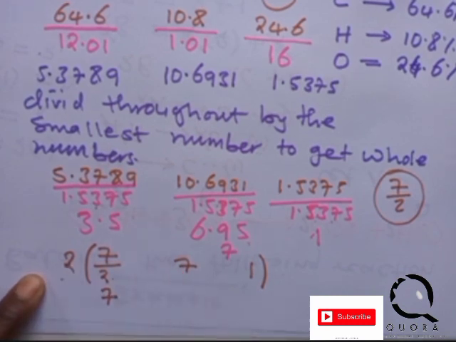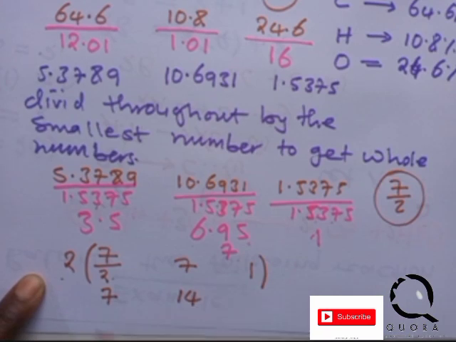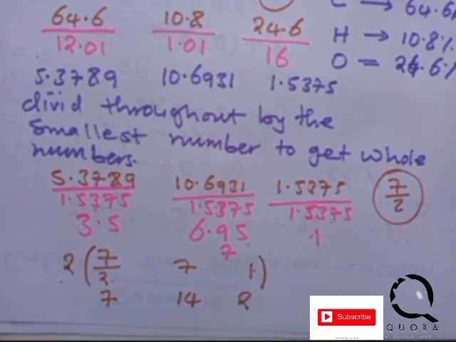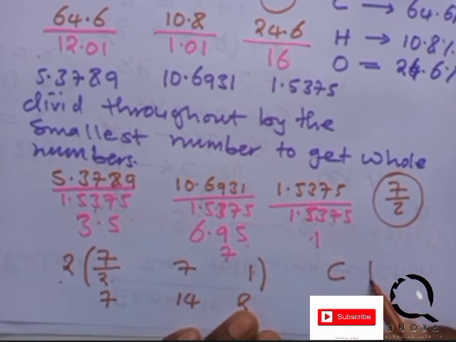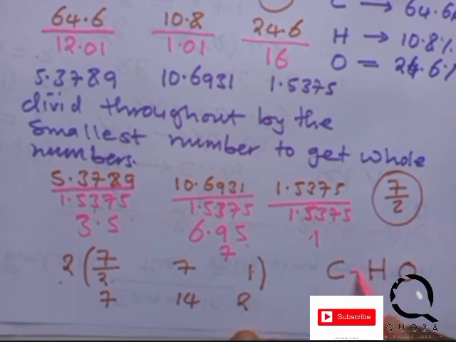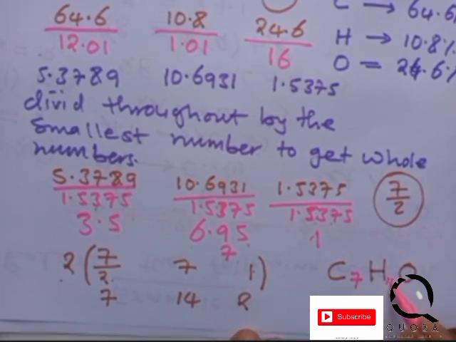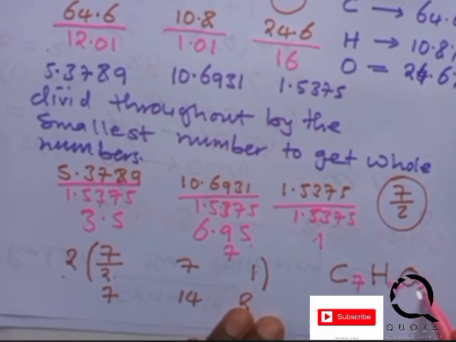This multiplied by that, we are going to have 14. And this multiplied by that, we are going to have 2. That's how we multiply, by a certain factor which is going to reduce this number to a whole number. Meaning that C H O is going to have the subscripts 7, 14 and 2.